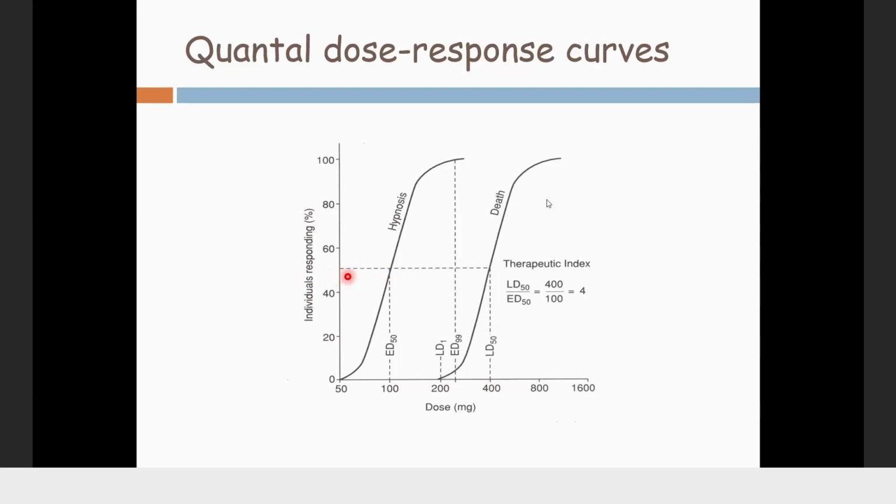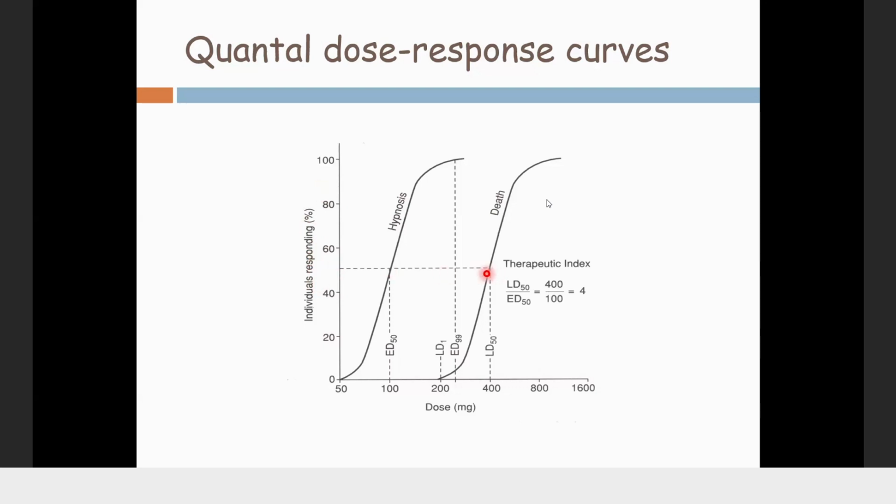Usually the LD50 value will be determined in animals rather than in humans. You cannot kill humans in an experiment, so it is done in lab animals.